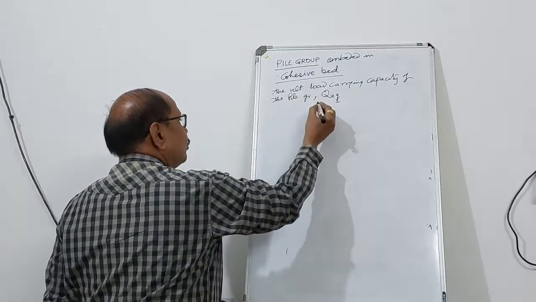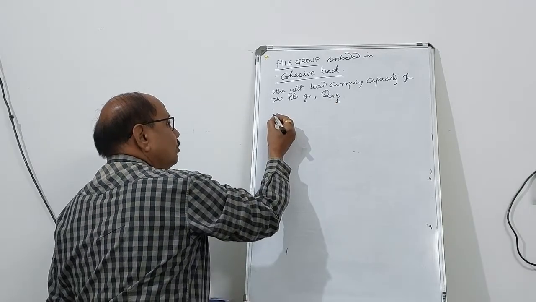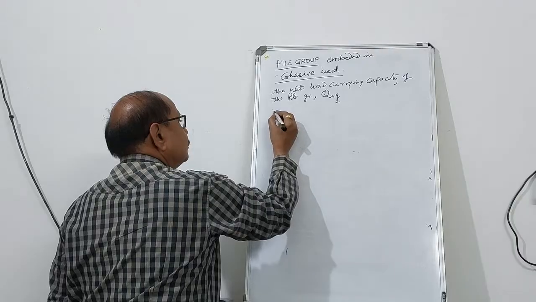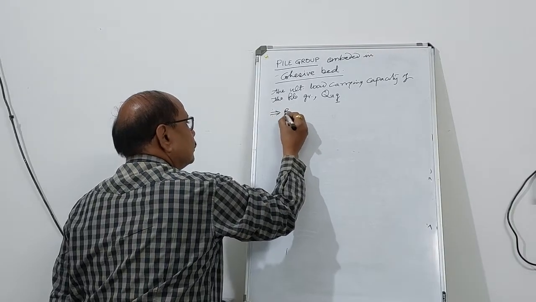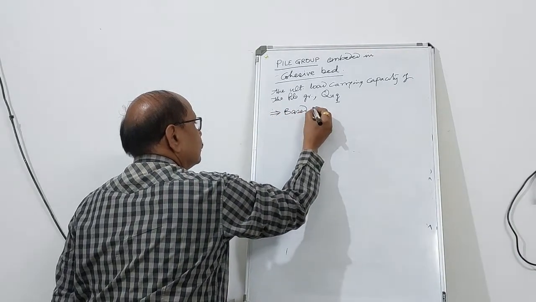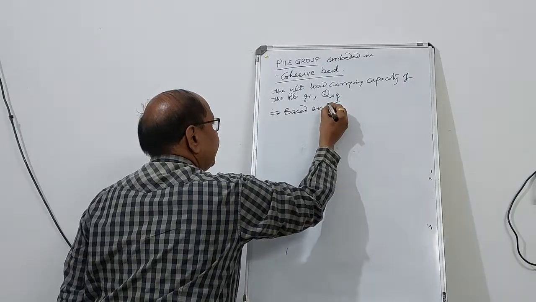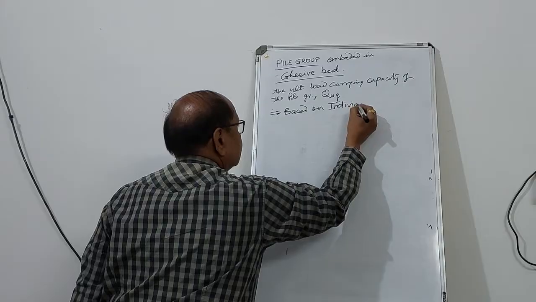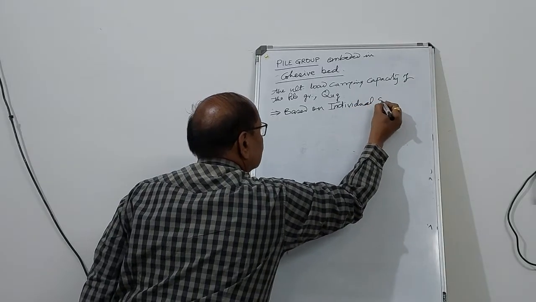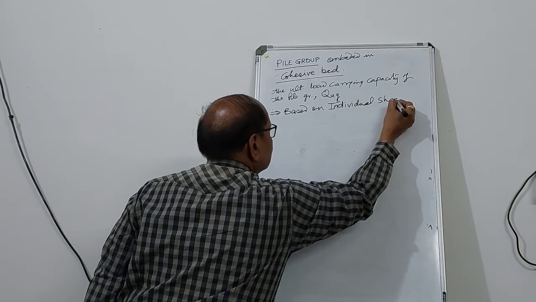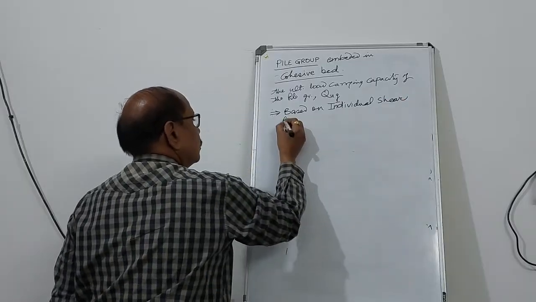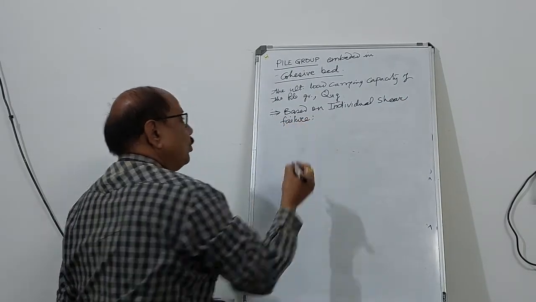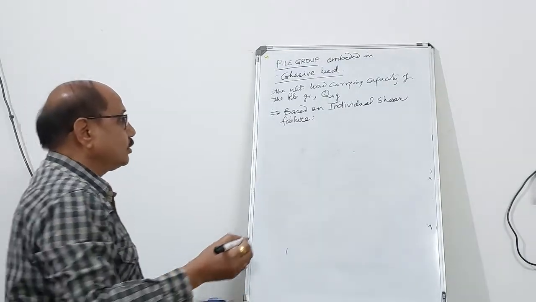So the ultimate load carrying capacity of the pile group is based on individual shear failure. What do you mean by individual shear failure?